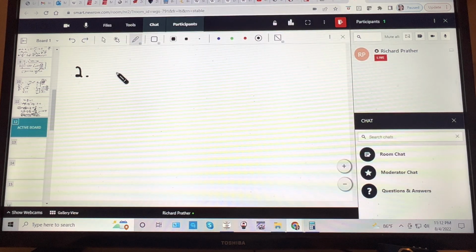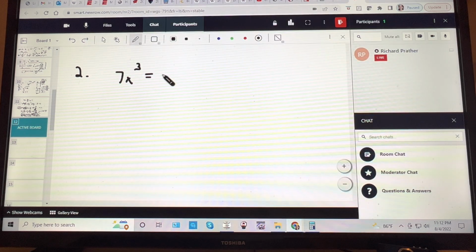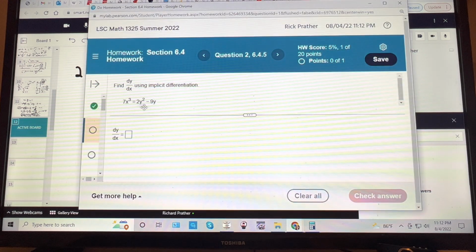Okay, so number 2, 7x cubed equals 2y squared minus 9y. And again, it says find dy over dx using, this is called implicit differentiation.